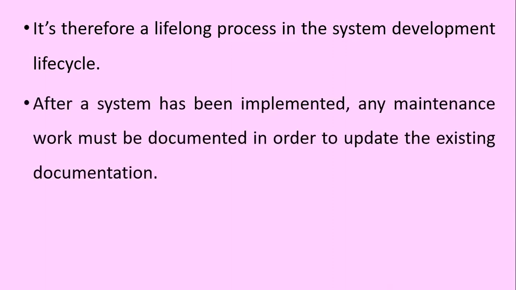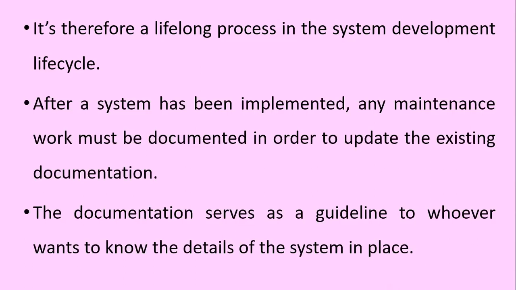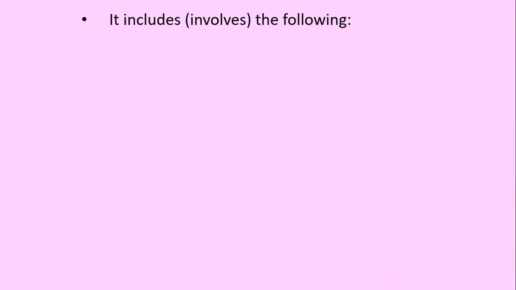After a system has been implemented, any maintenance work must be documented in order to update the existing documentation. The documentation serves as a guideline to whoever wants to know the details of the system in place. It includes the following. Number one, reports on fact finding.